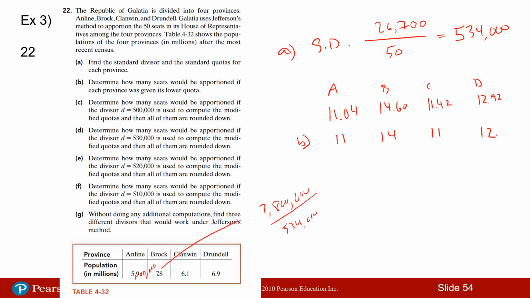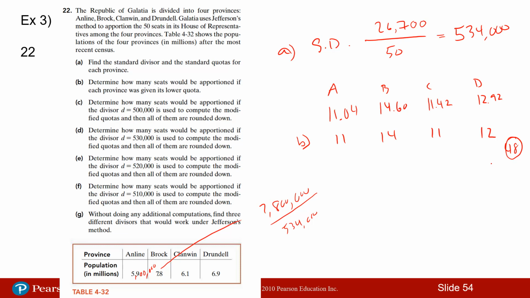So how many seats would be given if each province got its lower quota? So 11 plus 14 plus 11 plus 12. What would that be? 48. So if everybody got their lower quota, we would get 48 seats. So there's 2 seats that are still up for grabs, right?